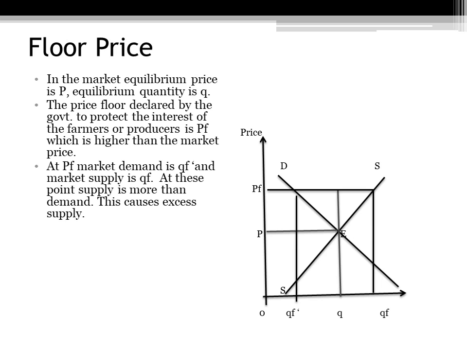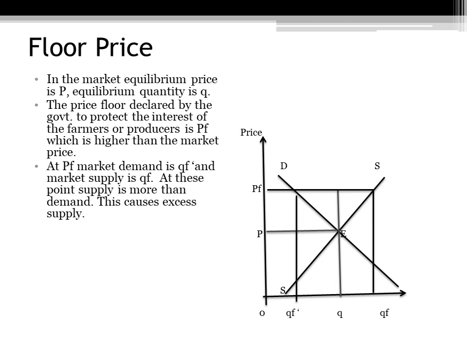So PF is the price fixed by the government, which is higher than the market price P.